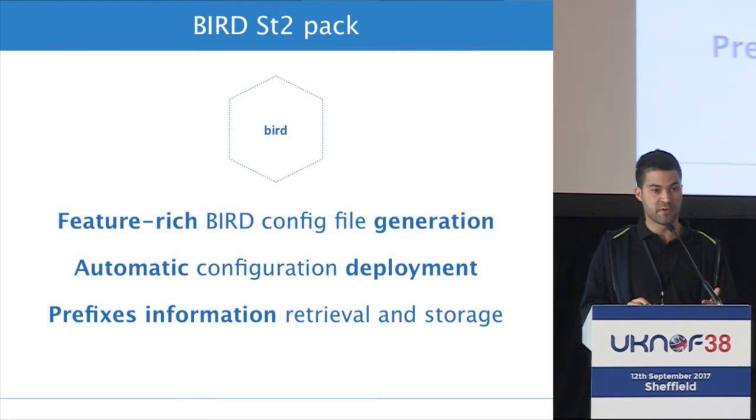You have an action to retrieve fullbogons information. You have an action to retrieve drop list information. All this data gets pulled out from the network and stored in the StackStorm data store, and is available for all the other actions or for any other application that is able to access that store. So it can also be used as a kind of library function.